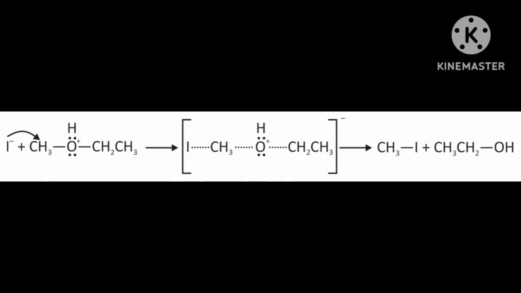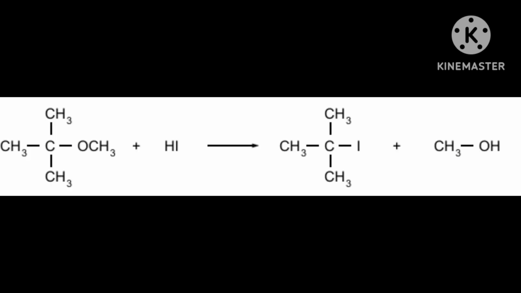Then you will get the product CH3CH2I, ethyl iodide, and the OH becomes OH2, that is H2O, because the H of HI came to the oxygen.